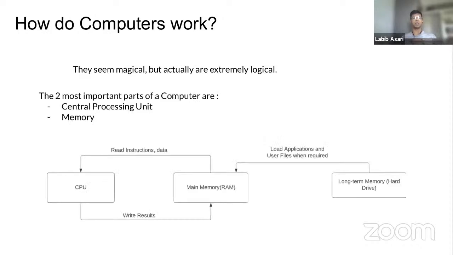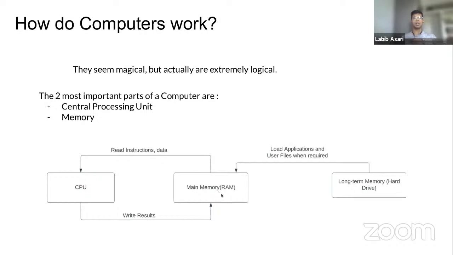So in a general computer, there are two most important things. The first one is the central processing unit. This is the one responsible for actually executing the instructions. The second is the memory of the computer. This is where all of the data about your application is stored. So say when I launch my browser to do any task, it first loads the application data from the long-term memory, which is stored in my hard drive, into the main memory.